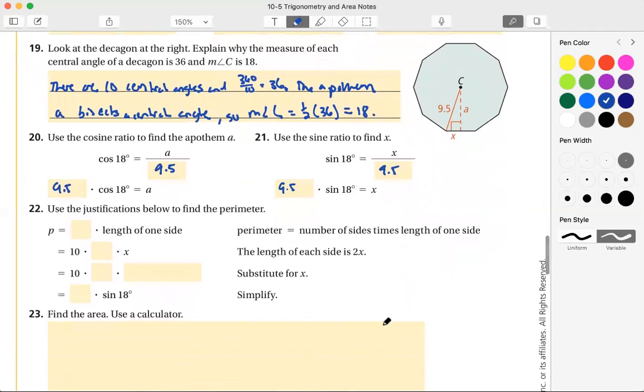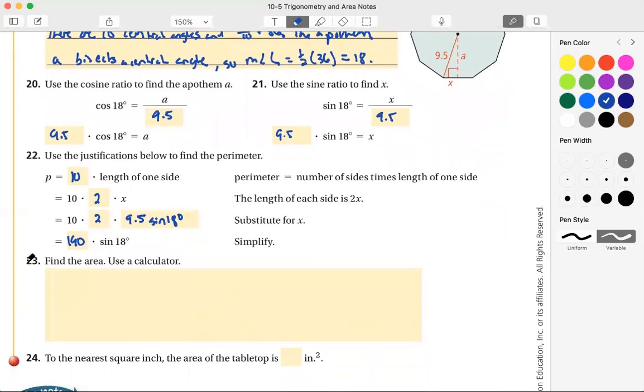So the perimeter is 10, because it's a decagon, times the length of one side. So we have 10 times 2x. And we have 10 times 2 times 9.5 times the sine of 18 degrees. And that's where we get 190 times the sine of 18 degrees. So the area becomes 1/2 the apothem times the perimeter.